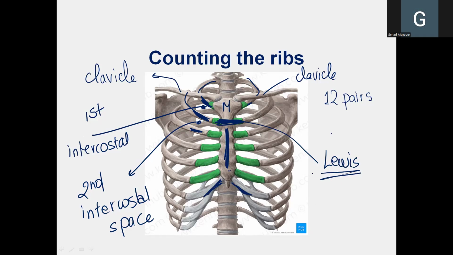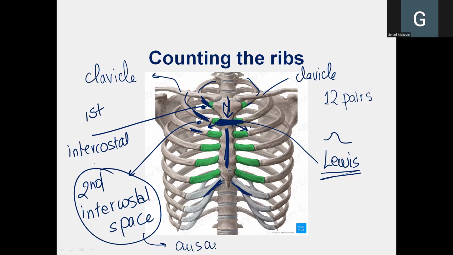Why is the angle of Lewis important? Because there is a ridge here, like a bump here, and that bump, if you go downward with your index finger and find the bump, and then descend a little bit to the right or a little bit to the left, you would find the second right intercostal space and the second left intercostal space. Why are they important? They are important, as you know, in auscultation.